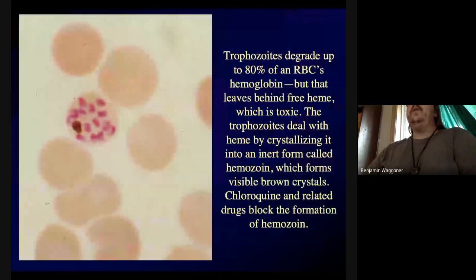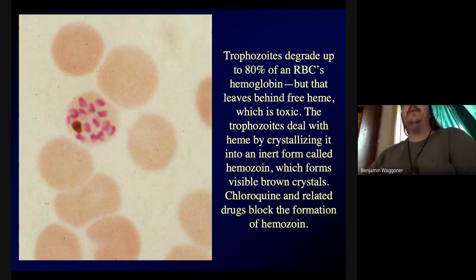So you can see what's going on there. There you've got a schizont, that red blood cell close to the middle of the slide that has those pink dots in it. Those pink dots are the merozoites that are going to break forth. Now, inside a blood cell, the parasite breaks down up to 80% of the red blood cell's hemoglobin. That leaves behind a compound called heme.